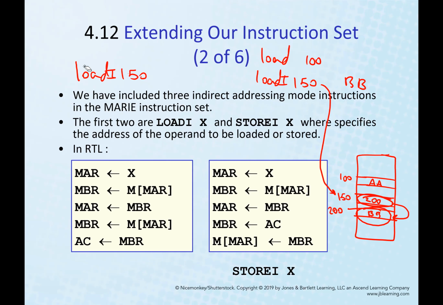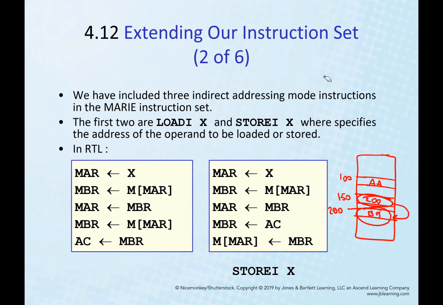Is it clear? So it's obvious that the micro operations will be more complicated than direct addressing, because we cannot just refer to the address of the memory and grab the data. We should go to the address, get the new address, move to the next location and grab the data.